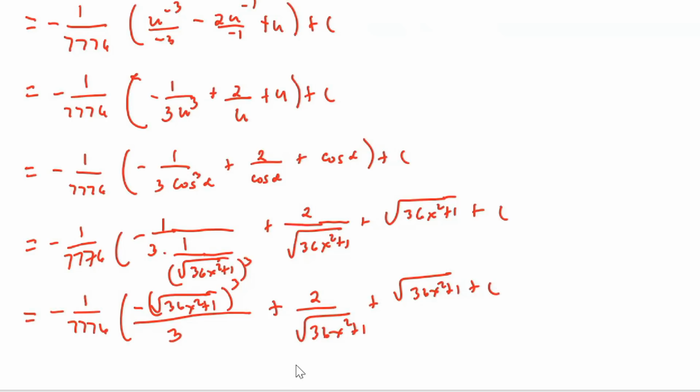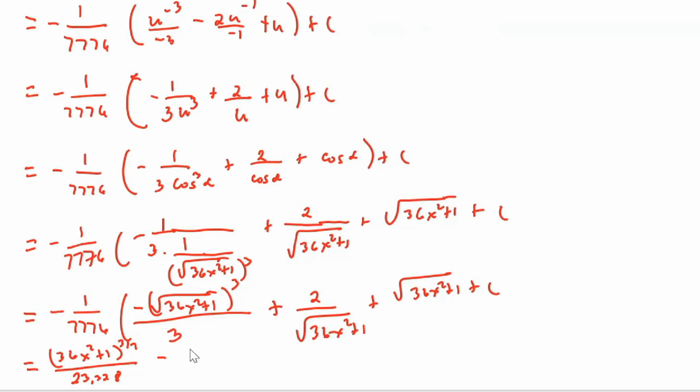So simplifying this one, we have negative times negative, so we can write now positive. Square root of 36x squared plus 1 to the power of 3 halves, and then 7,776 times 3, we have 23,328, minus, negative times positive 2, we have negative.